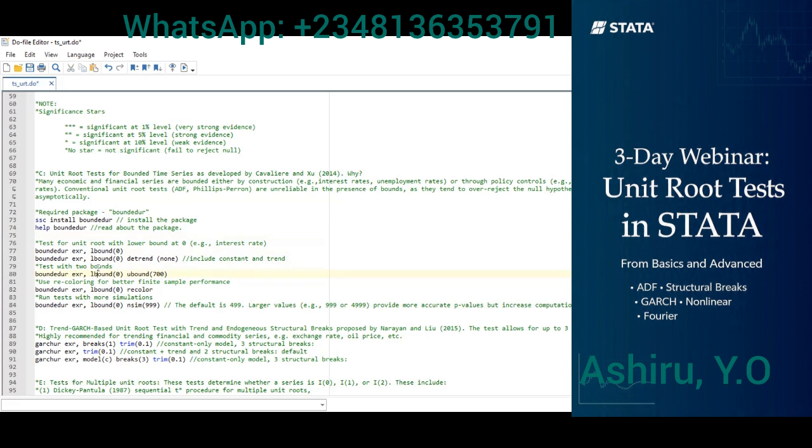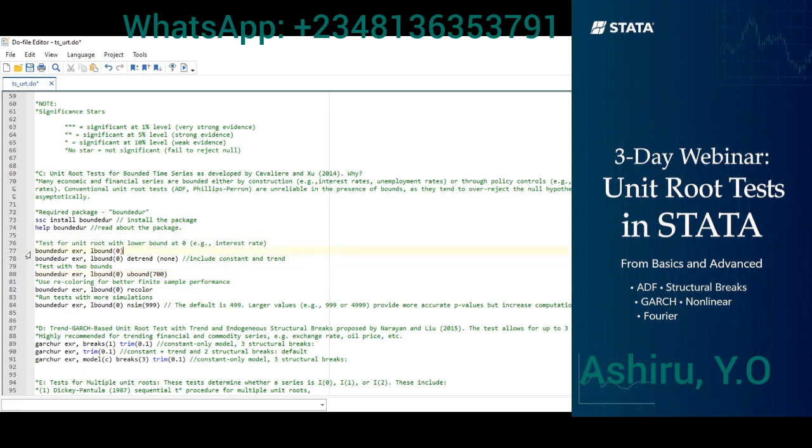In case we have bounded series like interest rate, or exchange rate, for example a managed exchange rate that is not allowed to go beyond a certain bound, we can also use this bounded test. It can always be used to complement whatever test we want to use, to compare the results and see whether we have a difference.